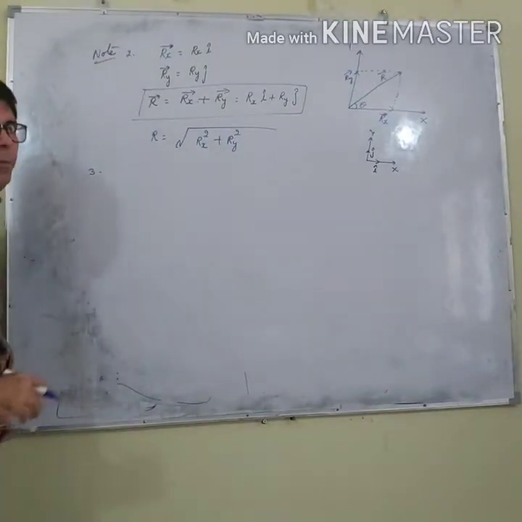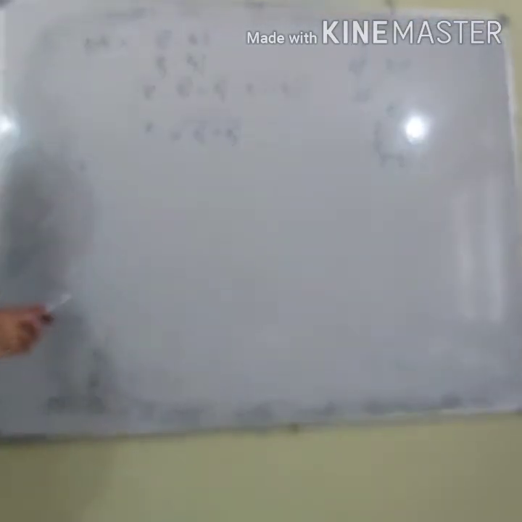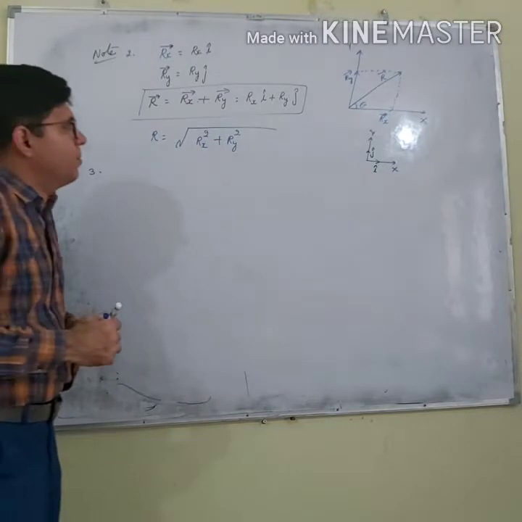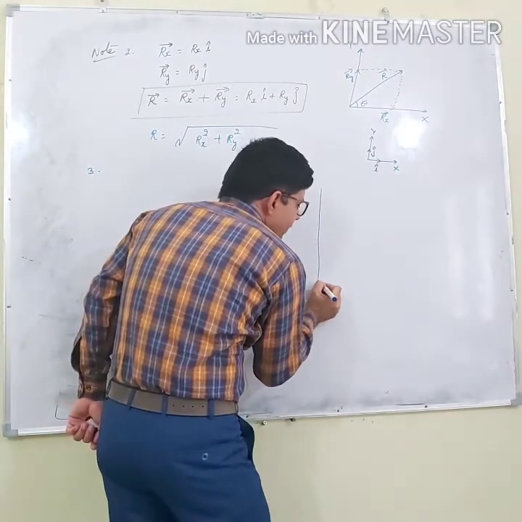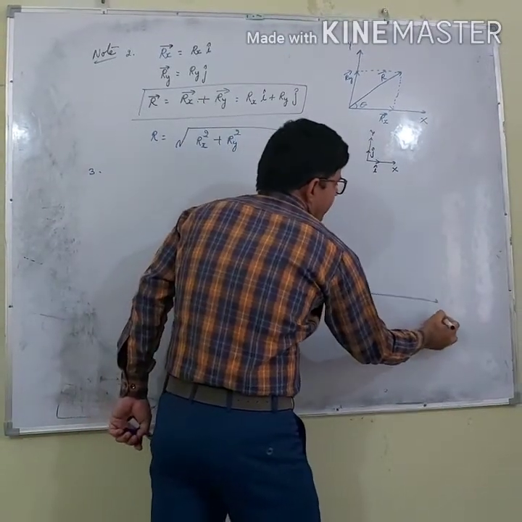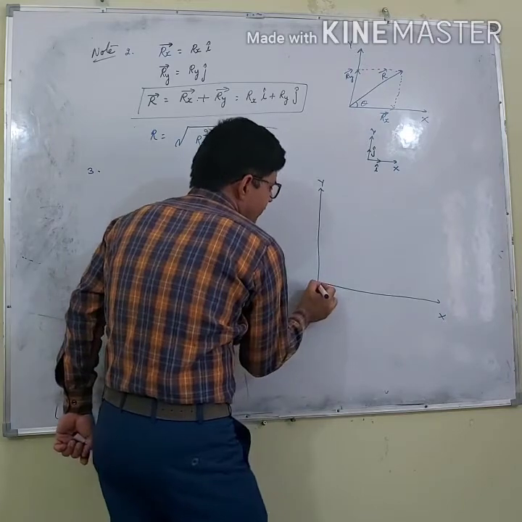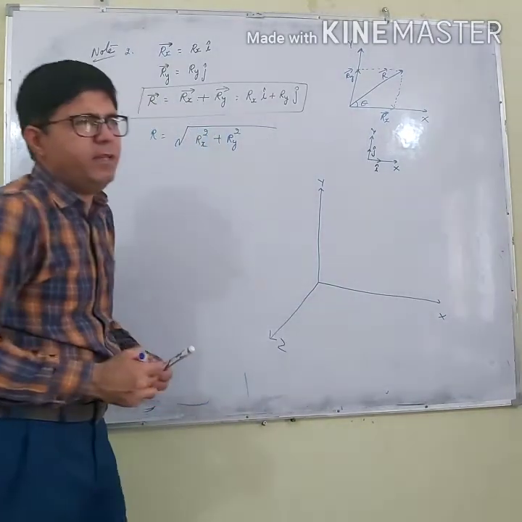Now, point number 3. What is the third point? If I extend this to 3 axes, x-axis, y-axis, z-axis. Where is z-axis?